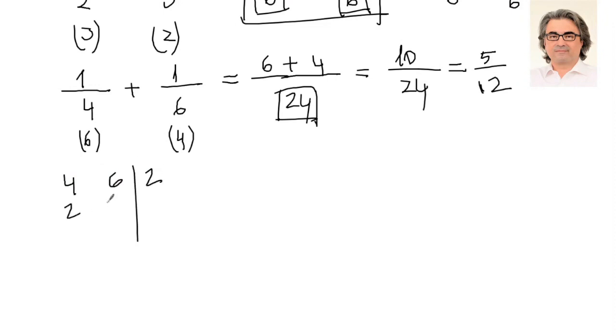Divide by 2, 2 and 6, divide by 2, 1 and 3, 6 and 3, and 3 over 3 is 1. If you multiply them, you will get 12. So you may equalize the denominators of these examples in 12, not in 24. So try to equalize denominators in addition and subtraction operations in their least common multiple. This is the best way.